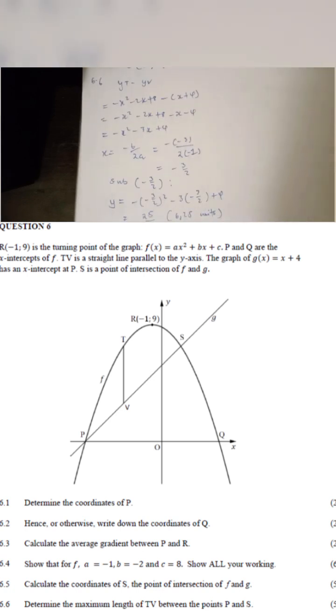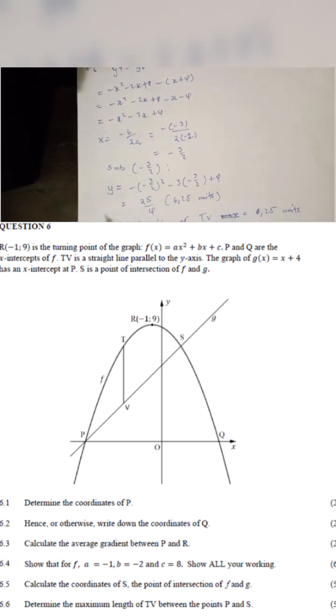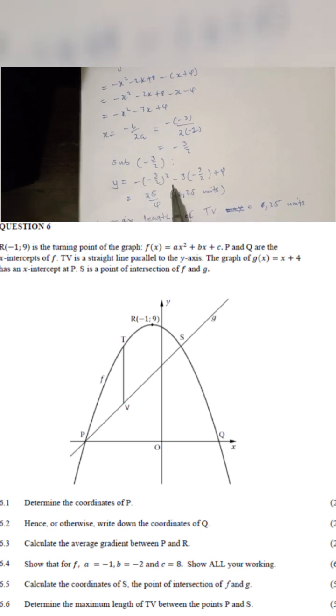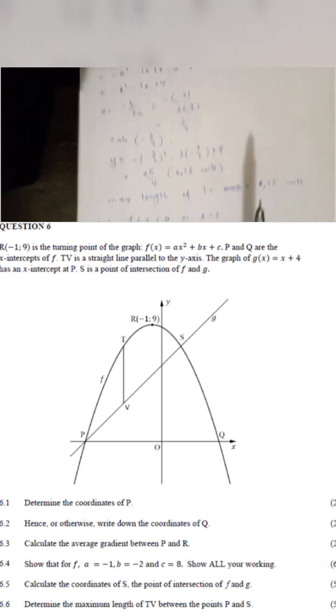Then if we do so, we'll be left with y is equal to minus negative 3 over 2 squared minus 3 times negative 3 over 2 plus 4, which is equal to 25 over 4, which is the same as 6.25 units.